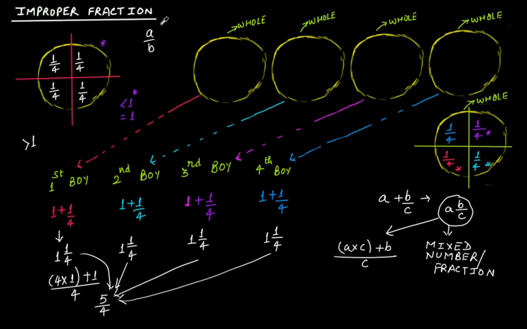When you move to higher classes and learn more, but at this level we can discuss this much only. So an improper fraction, if you solve it, will always be greater than 1, and the numerator will always be greater than the denominator.